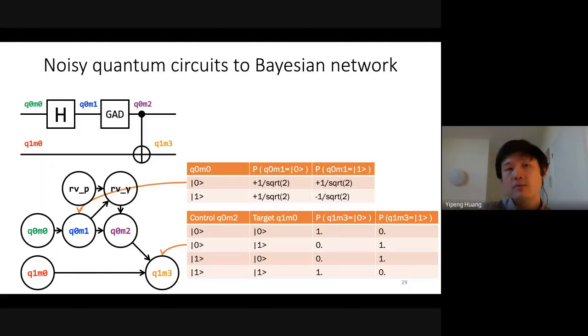And so what I'm going to show you is a simple noisy quantum circuit. So this is a Bell state preparation quantum circuit, right? So you have the Hadamard followed by a CNOT, and so this leads to the interesting entangled states that you often see in quantum tutorials. But for this circuit, I'm going to introduce a noise model. So I'm going to put into this quantum circuit a generalized amplitude damping gate.